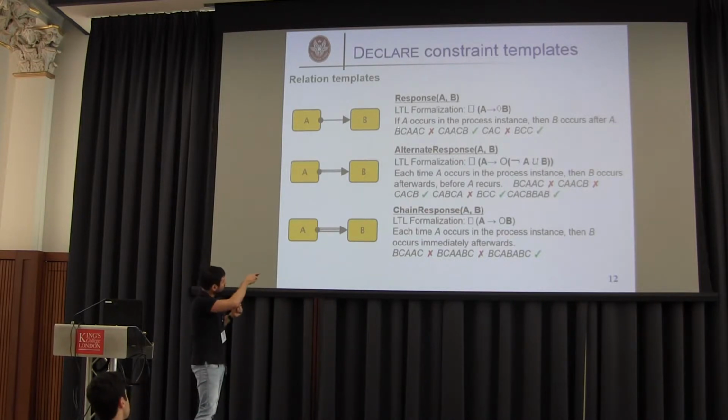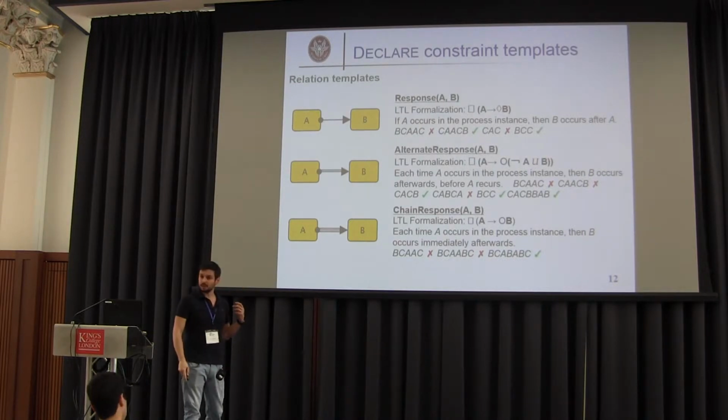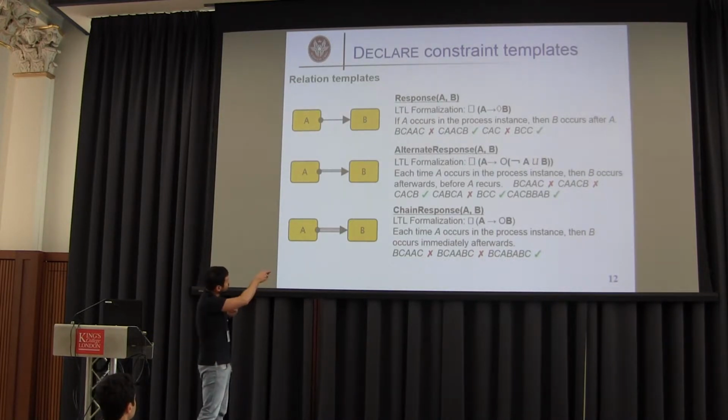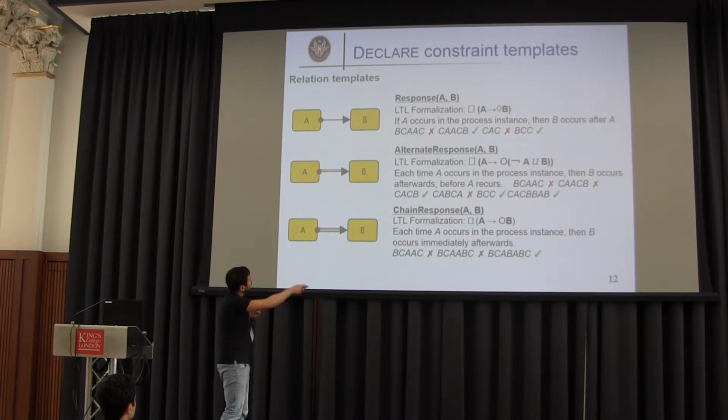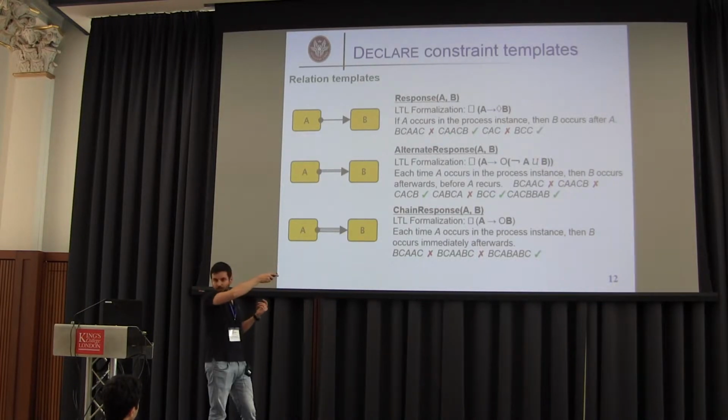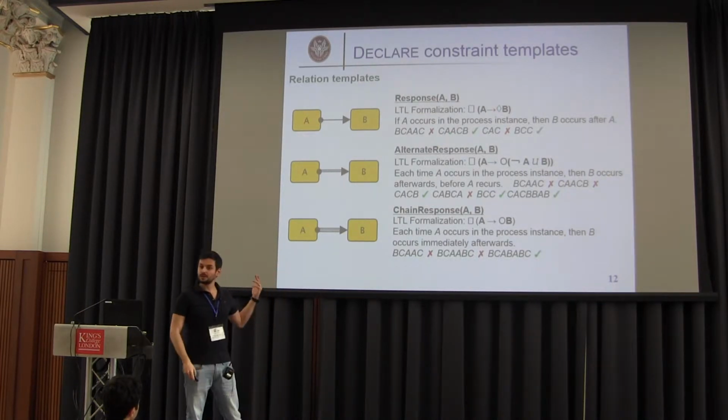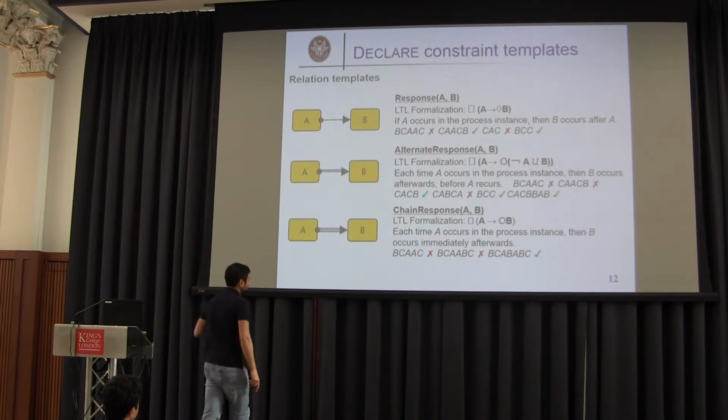For example, this first trace, BCAAC, is not compliant with the response because we have some A here but no B after A. This second one, CACB, is compliant because after the first instance of A we have a B and after the second instance of A we have the same B. So the constraint is satisfied.